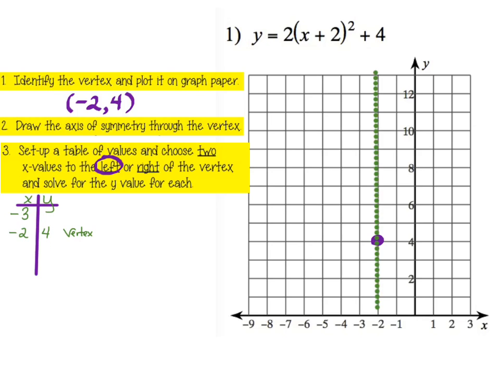Now I'm going to go to the right of -2. What I don't want to do is choose -1 because it's 1 increment, and I want it to be a different increment, and you'll see why here in a second. So I'm going to go with 0, and 0 is 2 units away from -2.